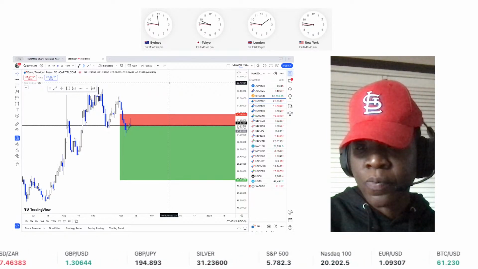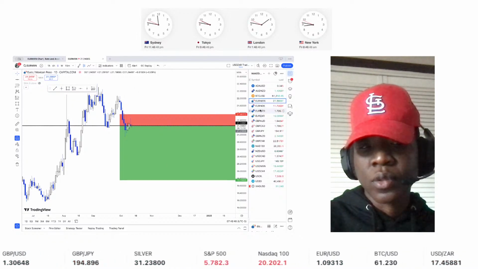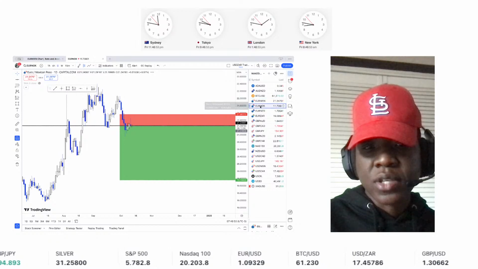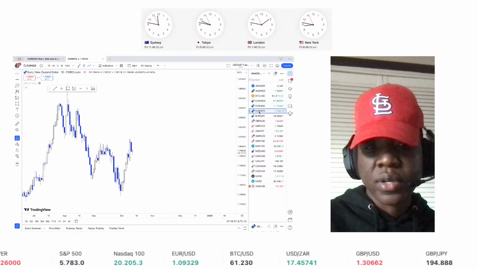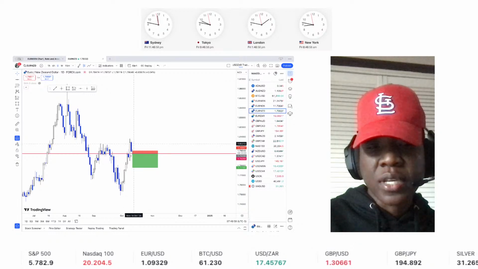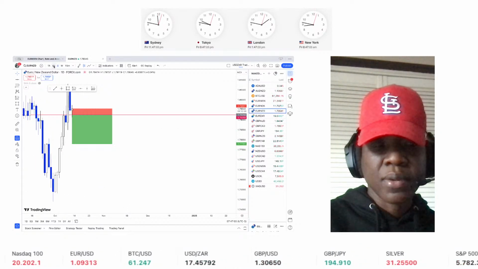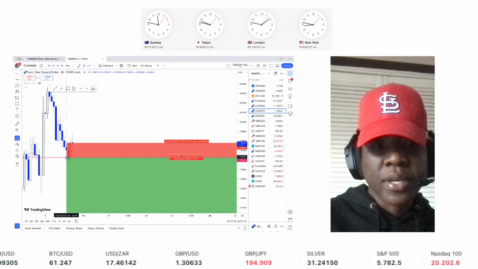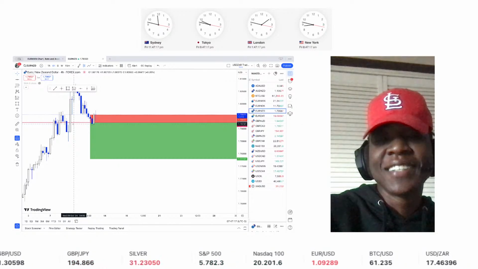This was my idea for Euro Mexican peso, and we're still just waiting on Euro NZD. I was in this on one of my accounts, and I got out because I wasn't feeling it.